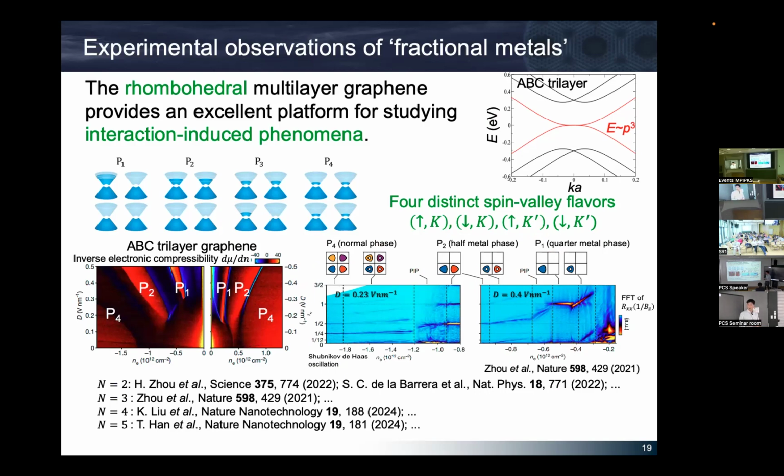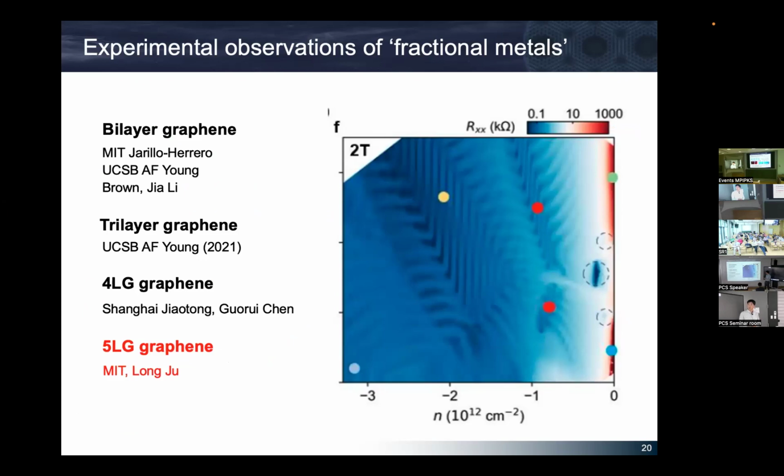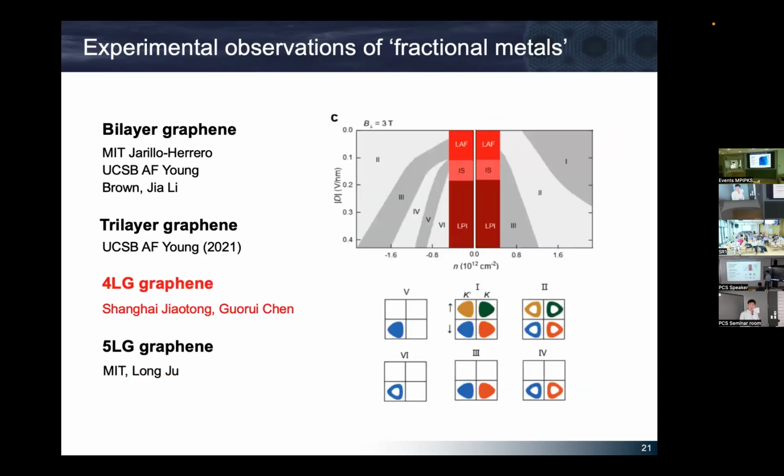This has also been extended to bilayers, and more recently to 4 layers and 5 layers. A very recent report. 5 layers is likely the system where all these signatures appear most clearly. And again, similarly for 4 layers.